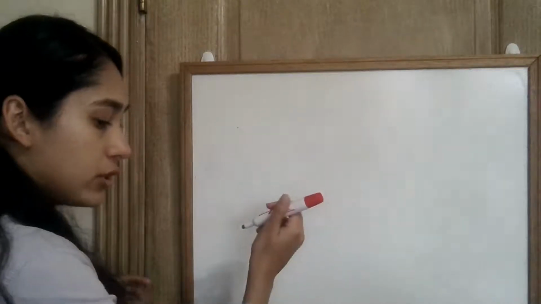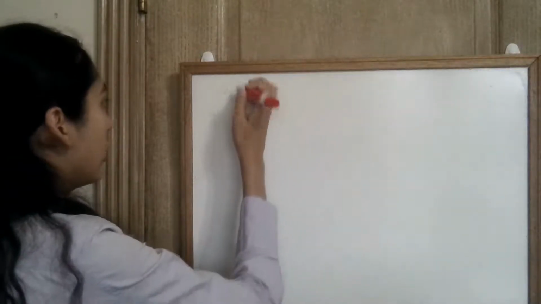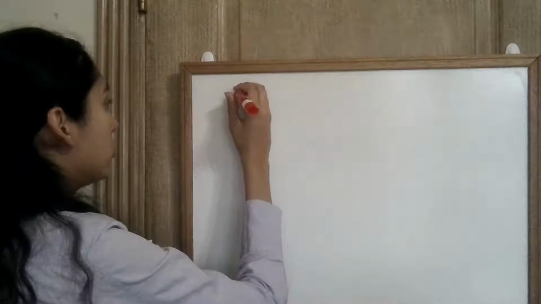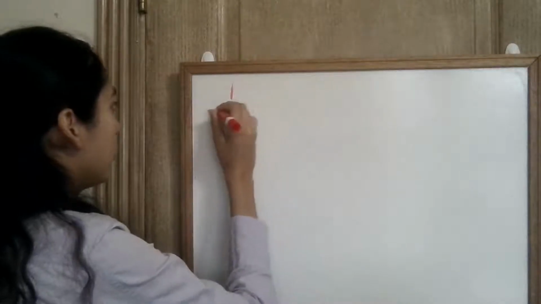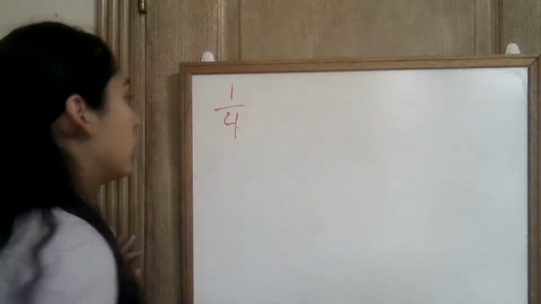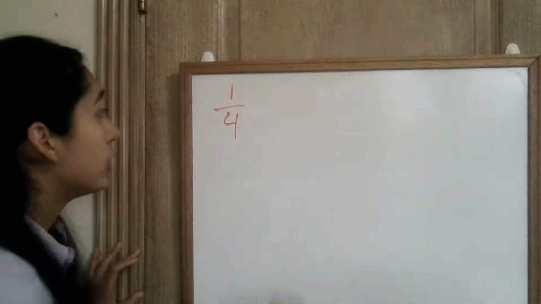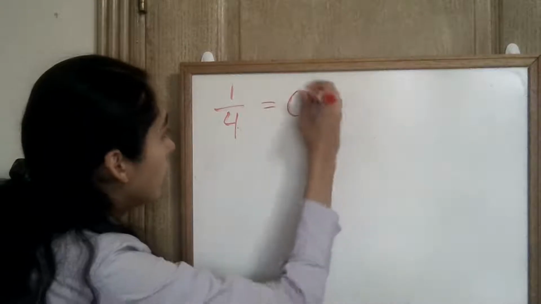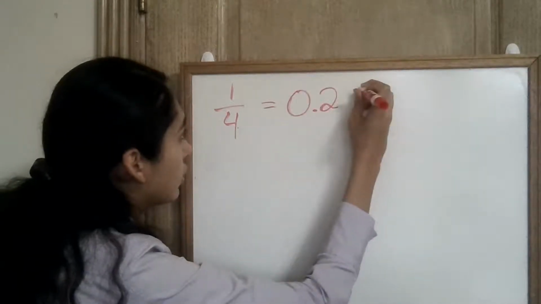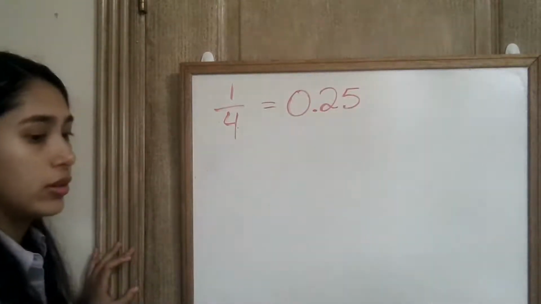So let's say that we want to change, we'll do something easy, 1/4. This is a fraction, and we know that its decimal is 0.25.